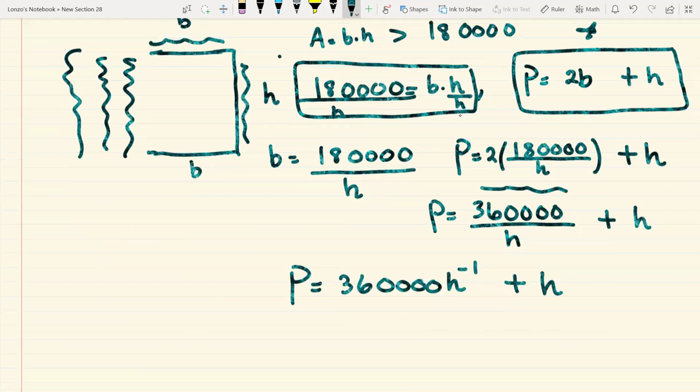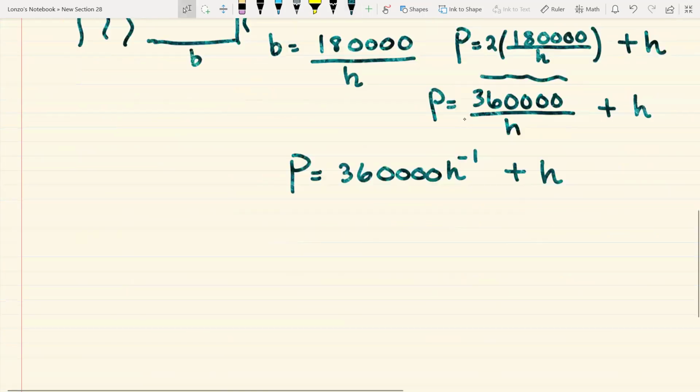So we could just take the power rule. Let's take the derivative implicitly with respect to h, and then set it to 0. On the left side, what's the derivative of p with respect to h? It would be dp/dh. This side, what's the derivative of this with respect to h? It would be power rule.